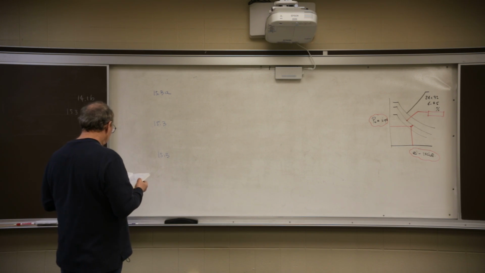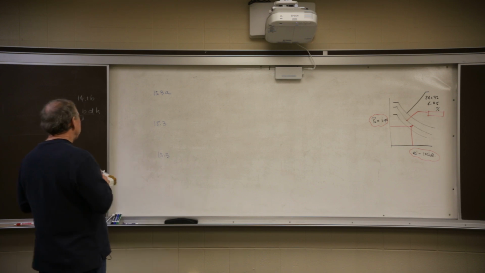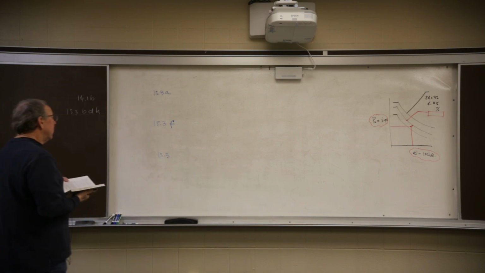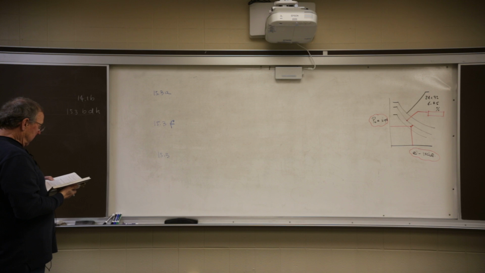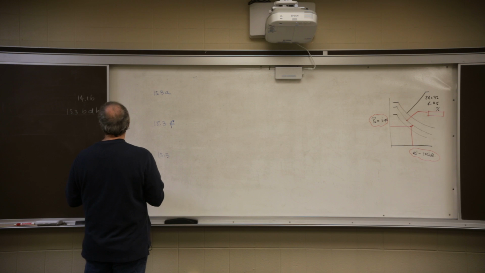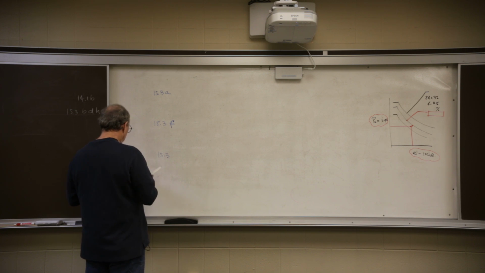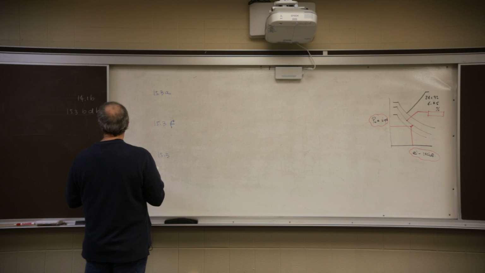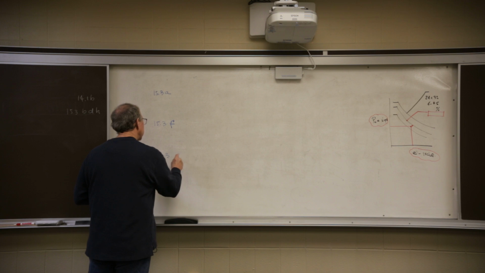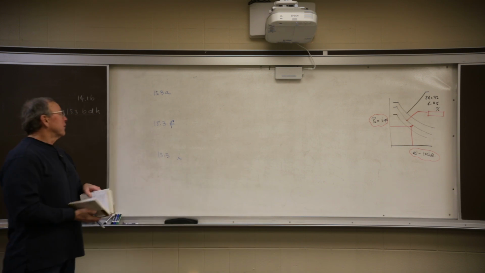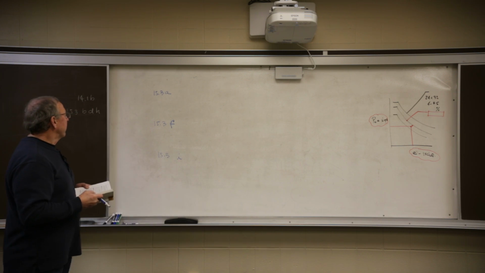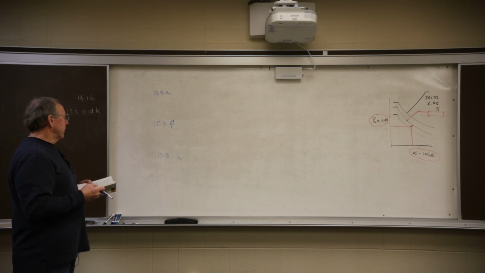I'll do E. I'll do F here. Okay? And that gives me that one and that one. And then I'll do H. H, I don't want H. I might as well do, yeah, I'll do I here. So we're going to do 15.3a, 15.3f, and 15.3i.